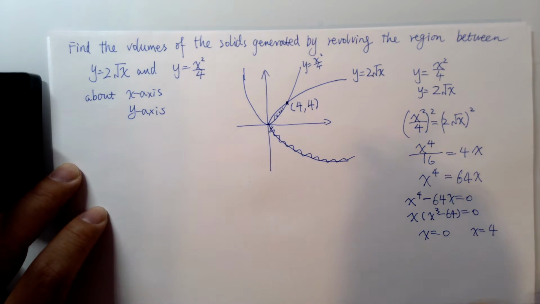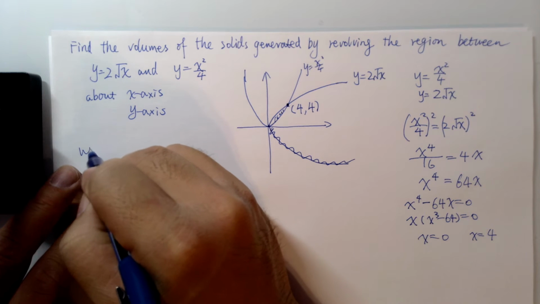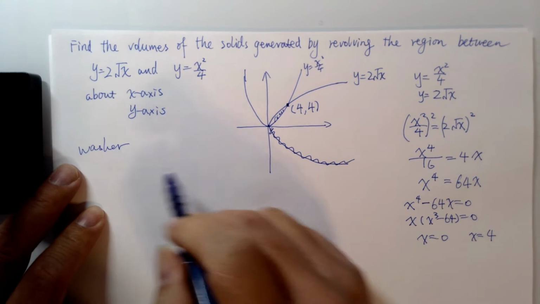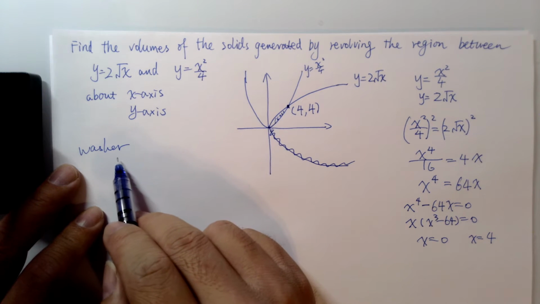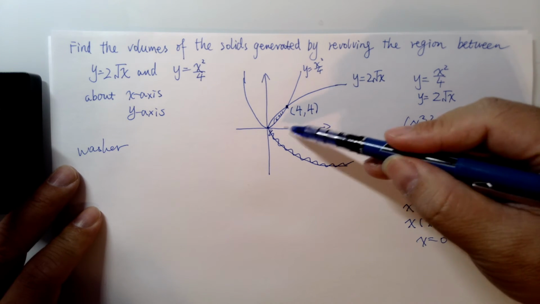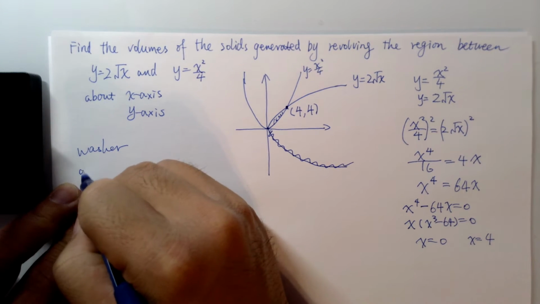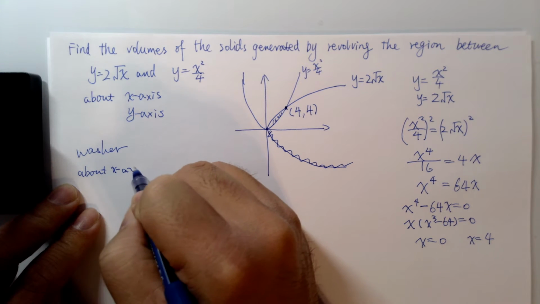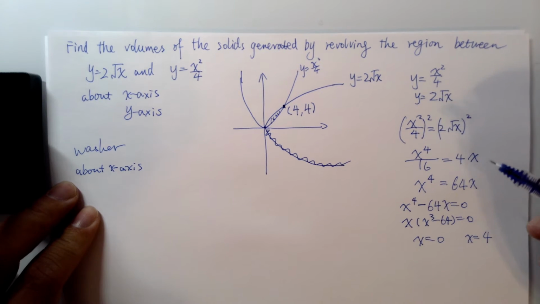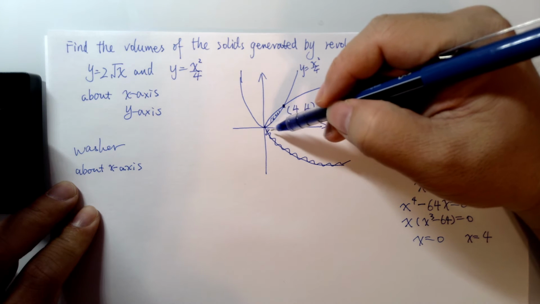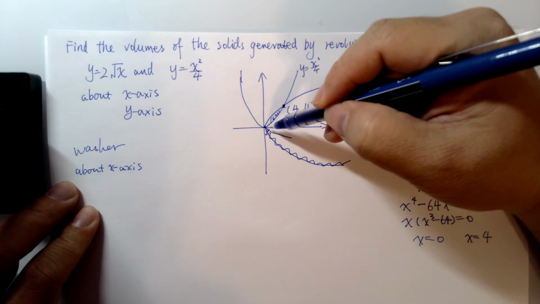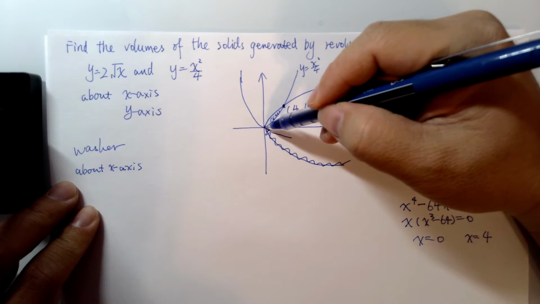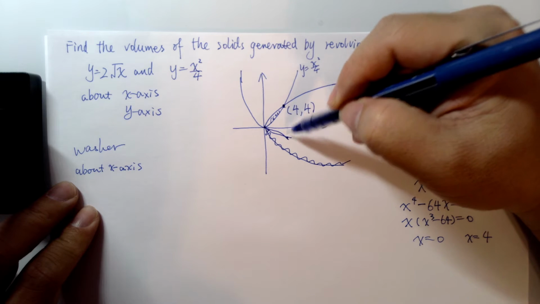So we can use the washer method, right? If we're going to do revolving the region about the x-axis, you can see that basically we're going to have something like this, right?